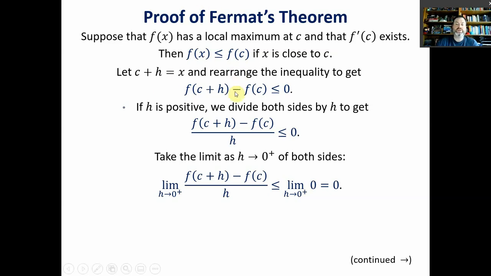So we're just looking at positive values of h here, right? h on the positive side. We could look at h on the negative side, but we have to treat that as a separate case, because if h is negative, we have to flip this inequality around. And we don't want to do that right now. We're going to do that in a second.